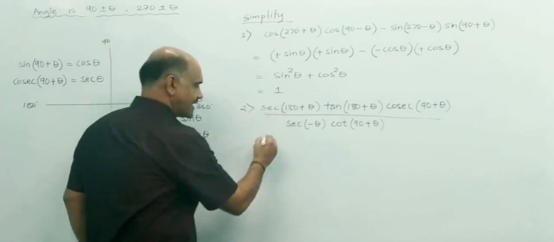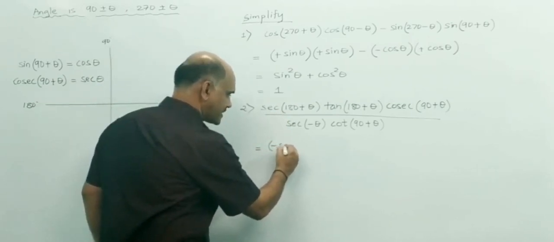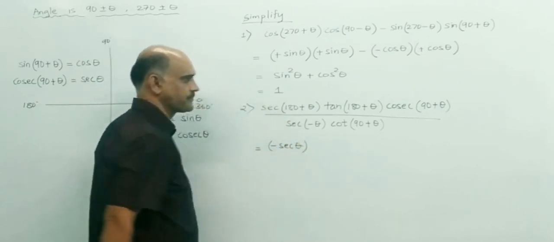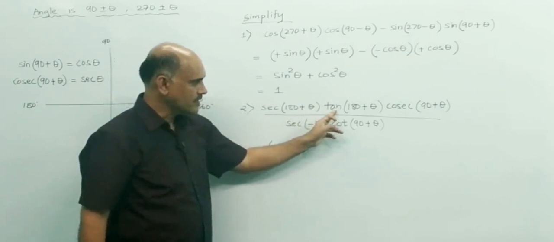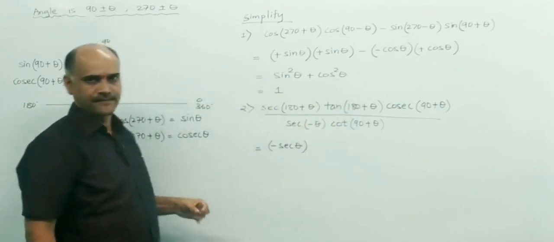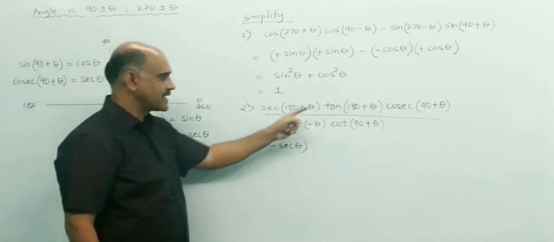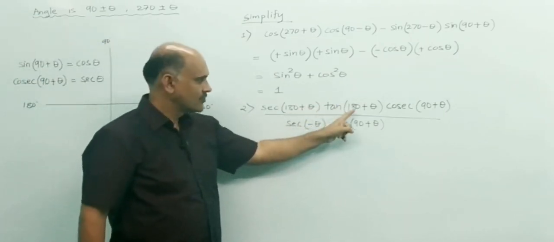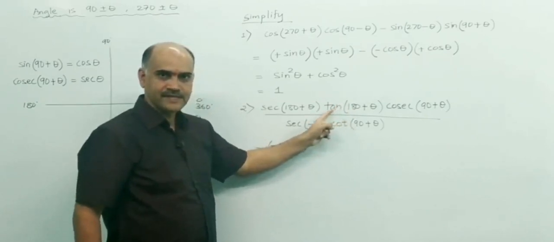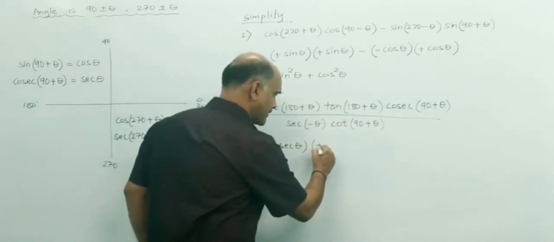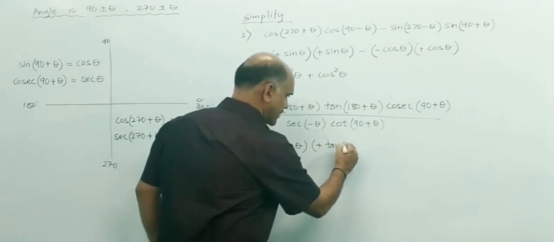So secant 180 plus theta is minus secant theta. Tan 180 plus theta is also in third quadrant. In third quadrant tan is positive. 180 is there means it remains as it is. So that will be plus tan theta.